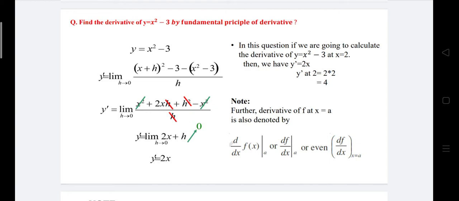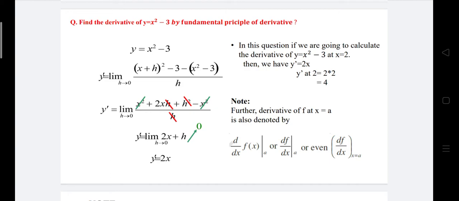Okay, so our formula is the limit as h tends to 0 of f of x plus h minus f of x, divided by h. Here y is equal to x square minus 3, then f of x plus h will be, wherever the x part is there, it will be replaced by x plus h.